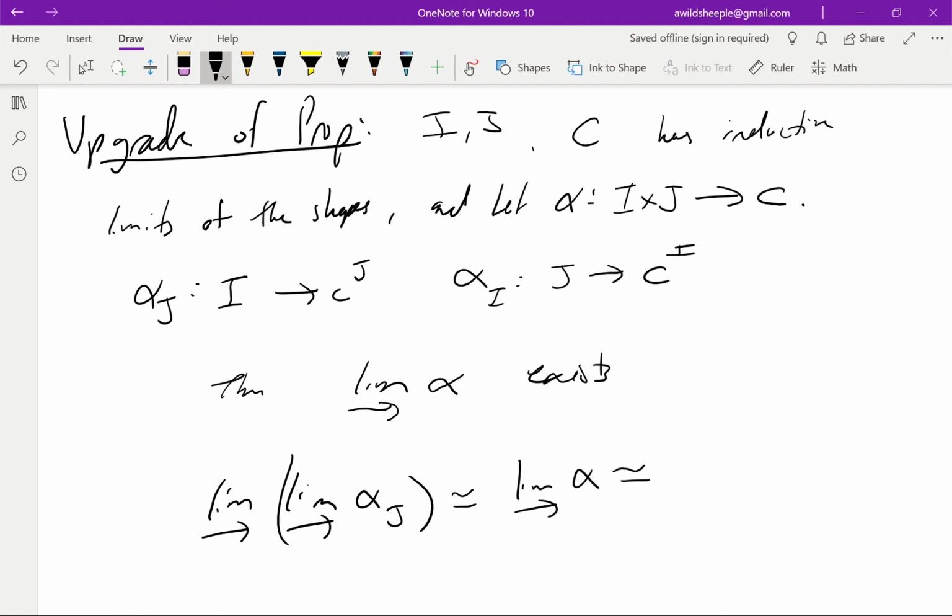But we can also do this first in I, and then take the limit that way, and that's fine too. And the proof of this is basically just to do the same argument twice. You have to keep track of the order in which you want to consider the arguments, but this is basically a trivial upgrade of what we just did.